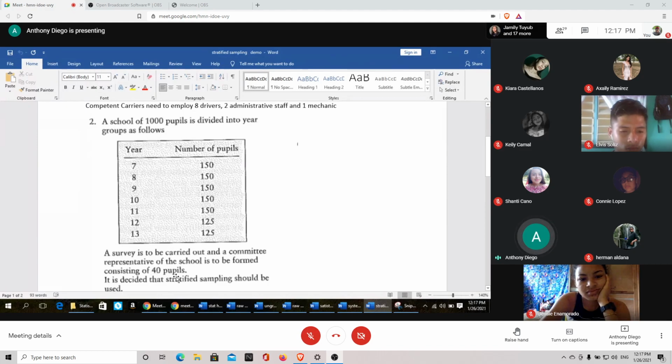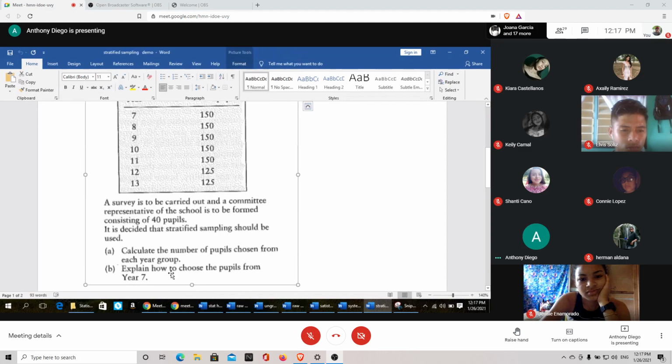It is decided that stratified sampling should be used. Calculate the number of people chosen for each year group, and explain how to choose the people from year 7. So they want us to form a committee of 40 people using stratified random sampling.